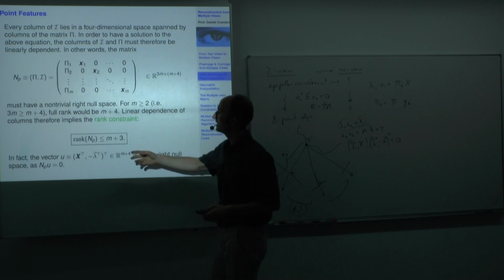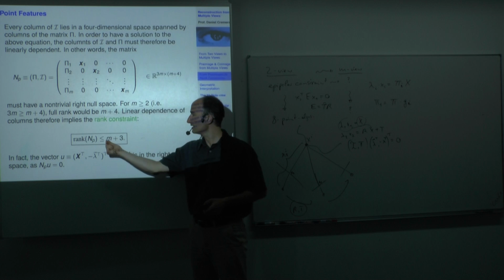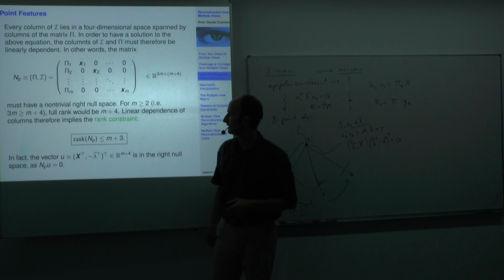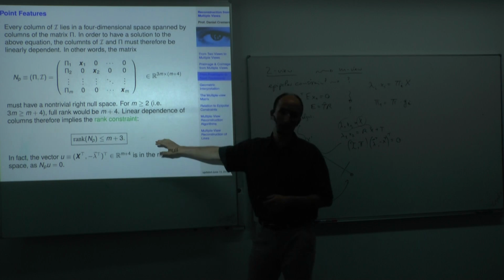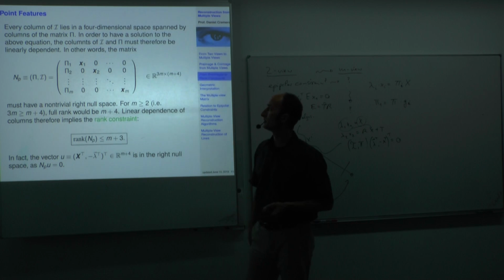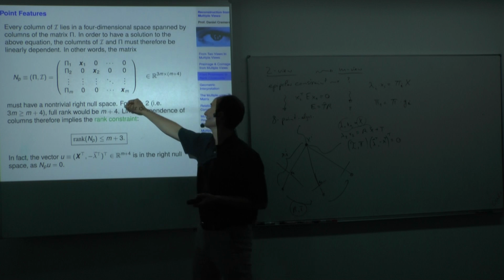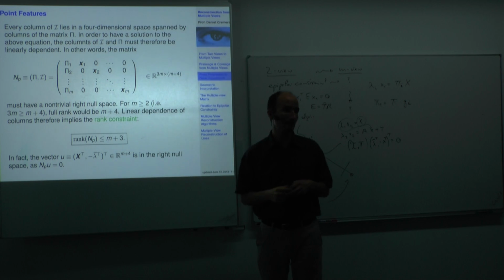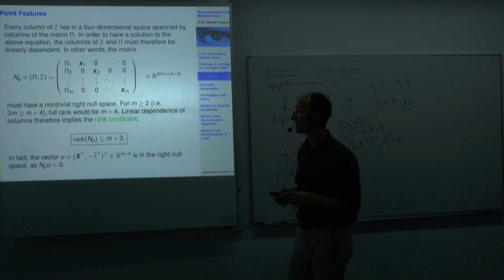It is an informative constraint because the matrix has at most rank m plus 4, and now we say it should have at most m plus 3 if there is a meaningful reconstruction. But it's not very manageable because it's a very huge matrix and it has high dimensions, and then the constraint is not written in a very compact manner. And the question is if we can write it more compactly, and it turns out that yes, we can do that.